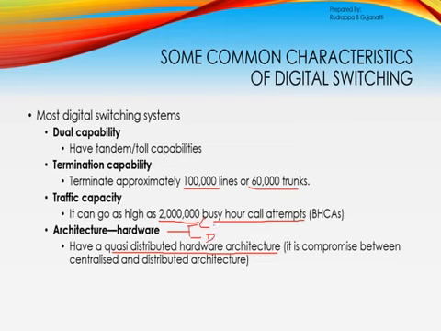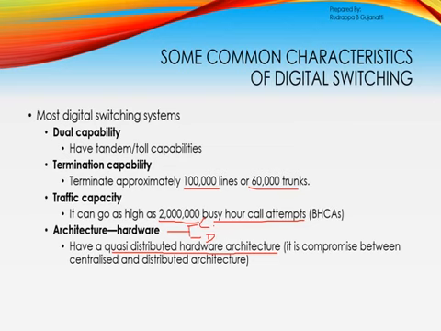In central architecture there is one important component which will be handling the entire system. In distributed architecture, instead of one system handling the entire system, we divide that work amongst multiple components or multiple software. This is what the distributed architecture implies.